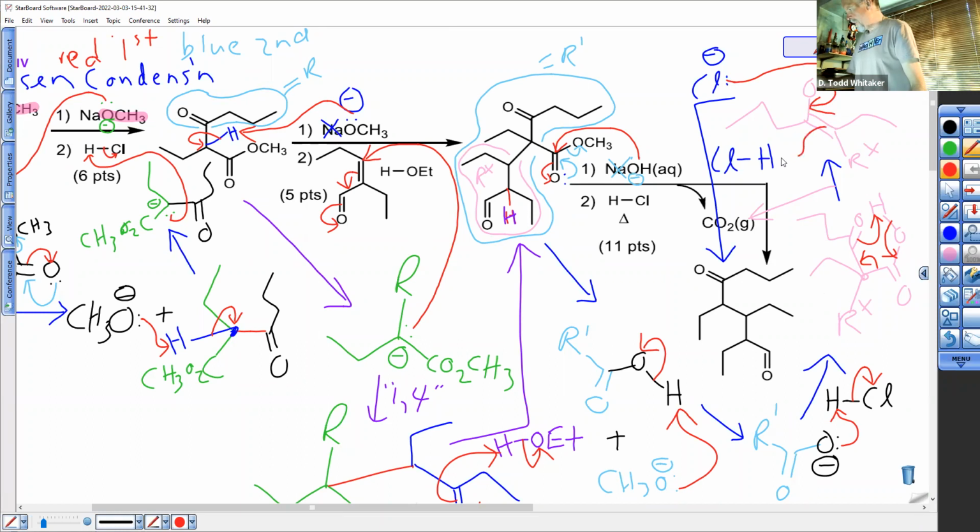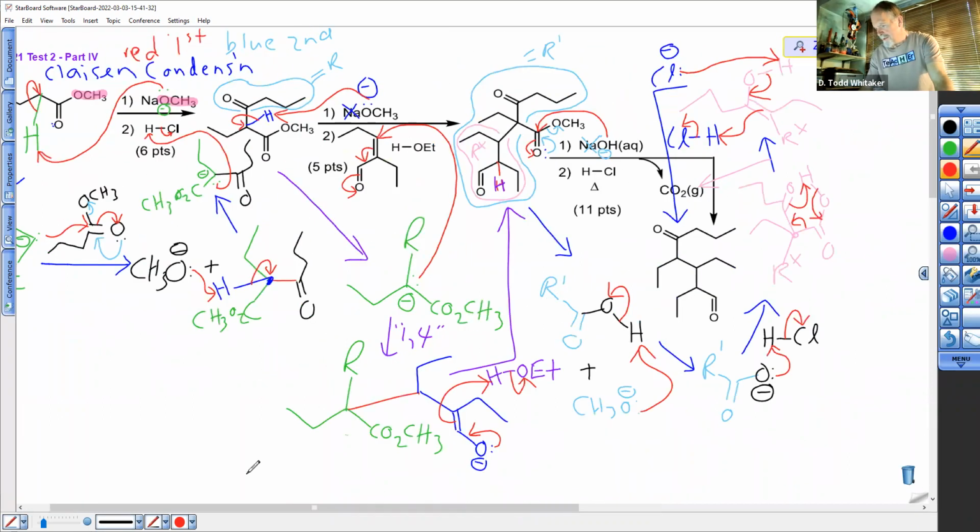Old pi breaks and picks up a proton at the alpha position. There you go. Nice. That's this alpha position. This alpha position will now have a H instead of the carboxylate ester. And that is true story. Yeah, the H is going here. I think that's everything. Good one. Lots of points.